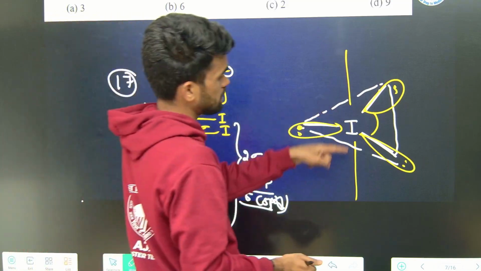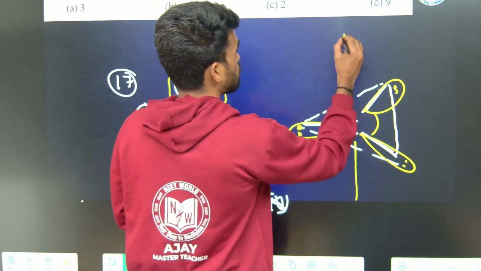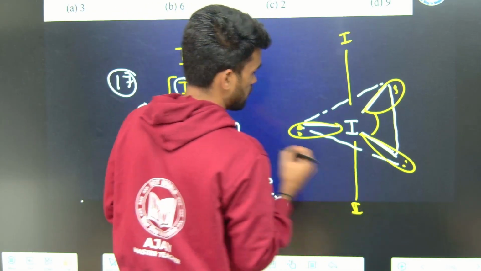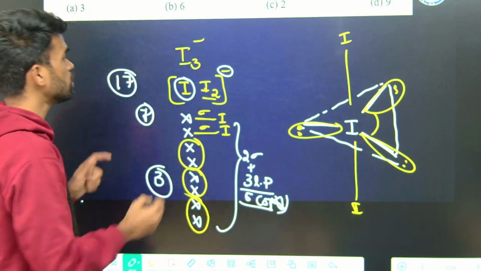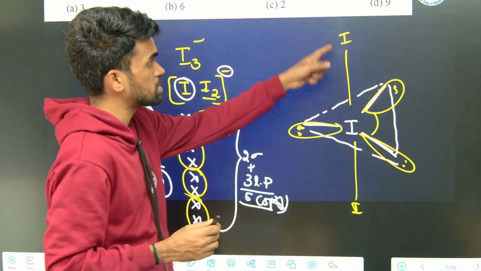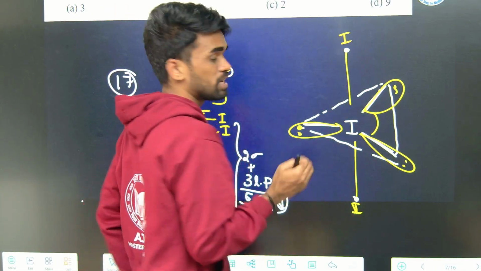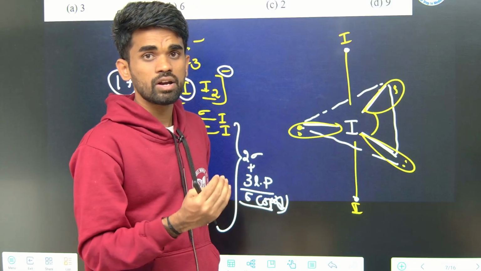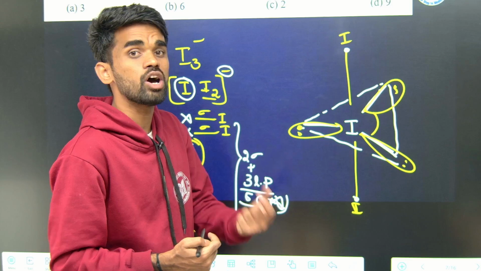Whereas these yellow lines are called axial bonds, where you need to place the atoms given here, like this. Now we know the halogen contains 7 valency electrons, no? These are also halogens, only 1 electron of those atoms is involved, and the remaining 6 remain non-participated, so there will be non-bonding electrons.